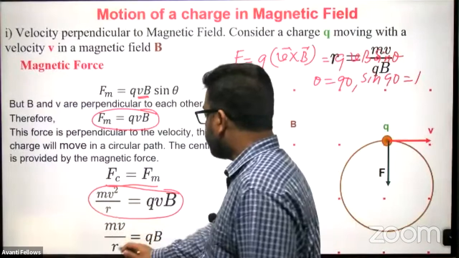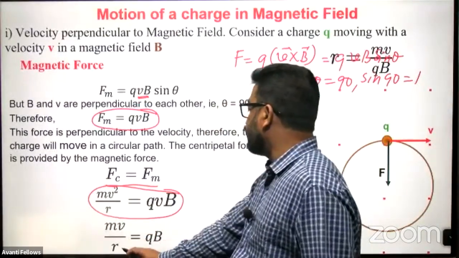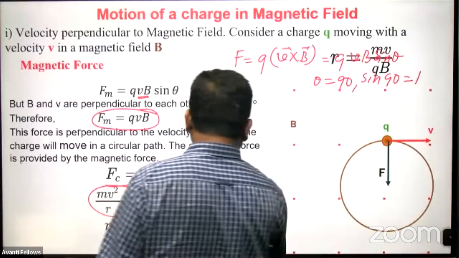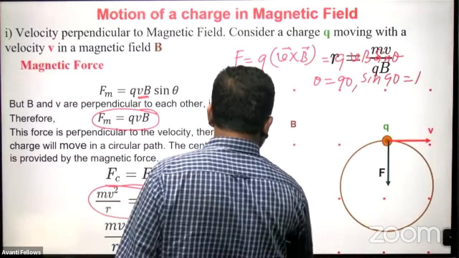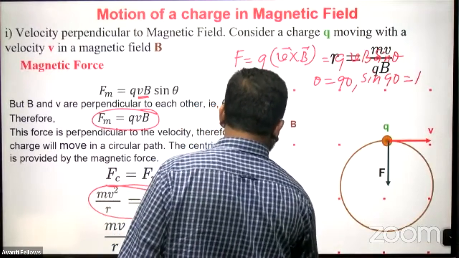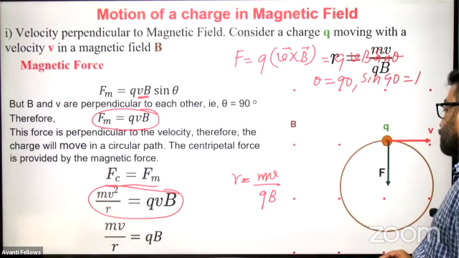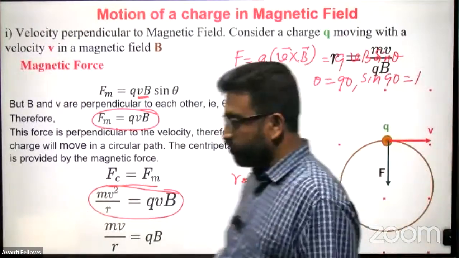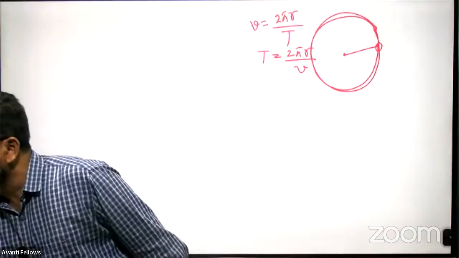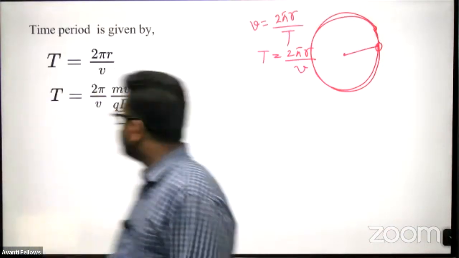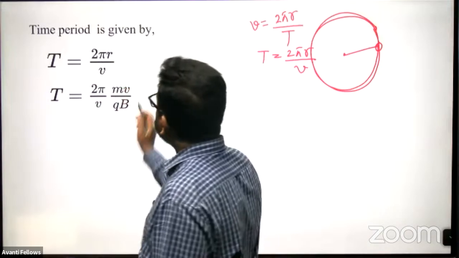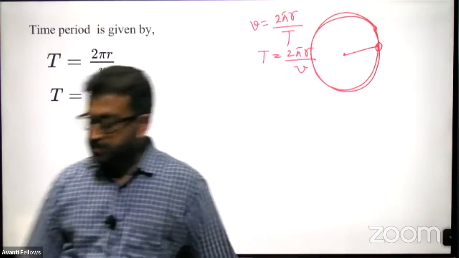See this one, mv squared by r equals qvB, so from this we can write r equals mv divided by qB. So 2 pi by v multiplied by mv by qB.